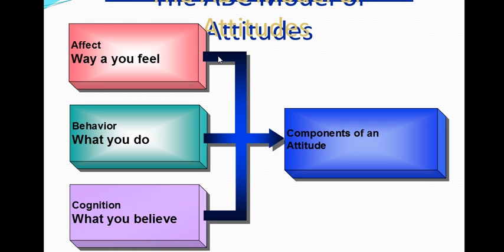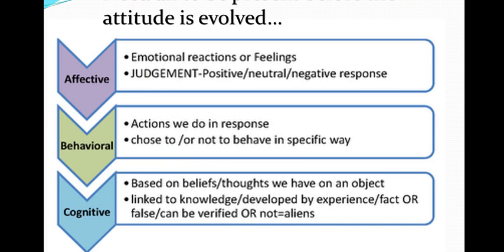Remember, A stands for affection, not for attitude. The whole thing is the model of attitudes. As we said, everything has to be present, and I want you to remember that the affective tells us about the emotional reaction.